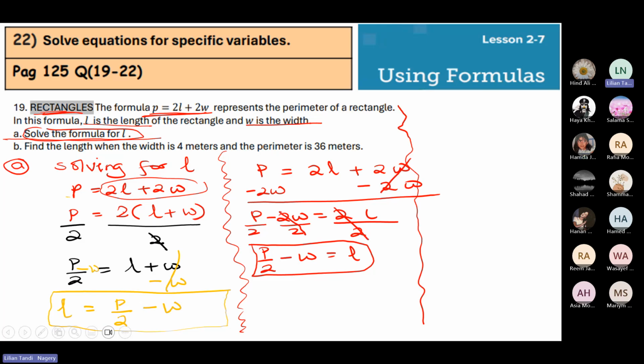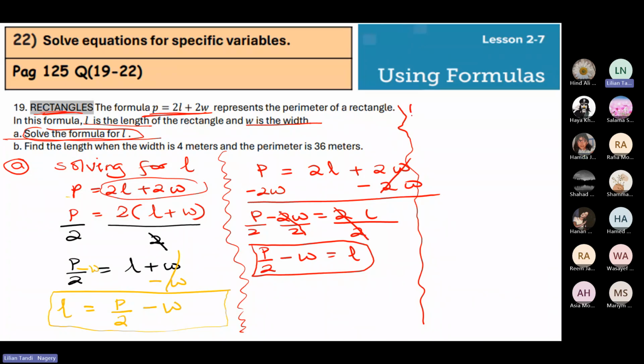No, it says P over 2 minus W. Okay, because I didn't know how to say it, you know. Now, here is L. How did it flip? Like the L went to that place. Oh, because you did. Oh, okay, I get it now. You understood? Okay. Yes.